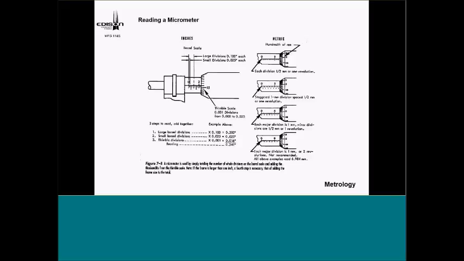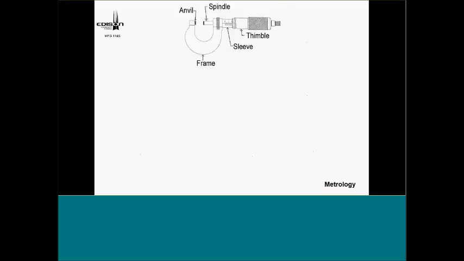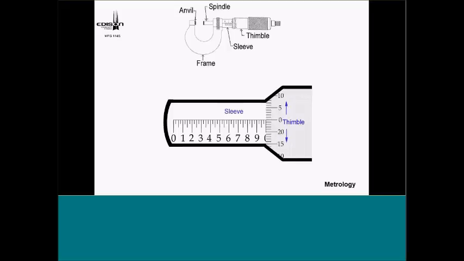Okay, and then we actually get into reading the micrometers. And what I'll end up doing is we'll cover this brief lecture of how to read a micrometer, both metric and imperial English. And we'll talk about, okay, let's look at it.